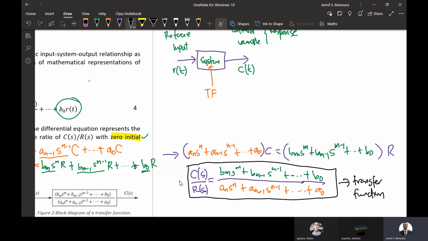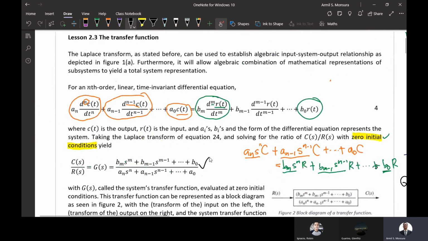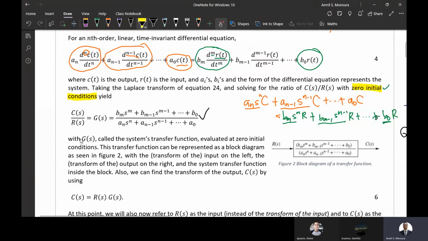Yung ratio na to, minsan tatawagin natin yung G of S. In the context of what we will be talking about, that ratio, C of S over R of S, is G of S. So, with G of S here, it is now called the system's transfer function evaluated at zero initial conditions.